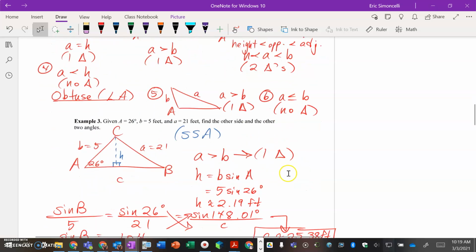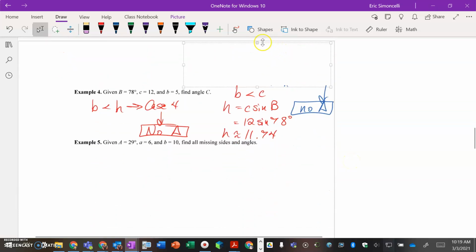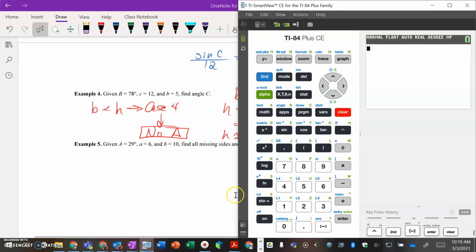Okay. If I continue, but using the law of sines in context, let's see how this works. So if I were to do sine of C over side C, and notice I have sine of 78 on the other side already. Sine of angle C, which is unknown, divided by 12, set that equal to sine 78 over 5. And if you cross multiply, maybe we can attempt this.